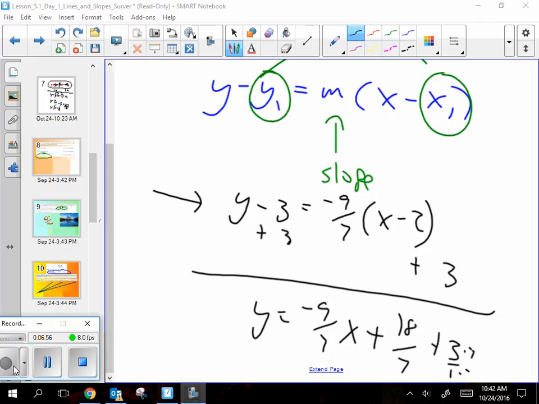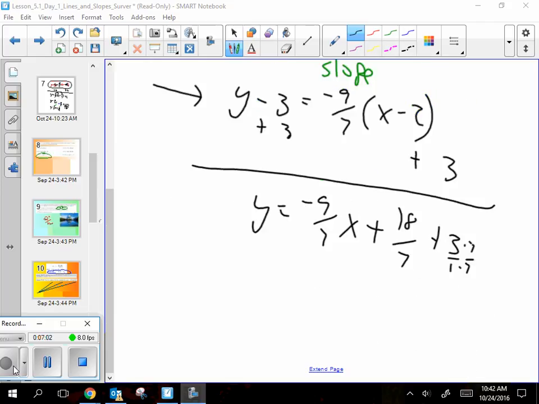So I'm timesing by 7/7. And that makes it 21 plus 18 makes 39/7. I think -9/7 x plus, is it 39/7? All right, awesome. And you could make that into 7 times 5 is 35. So it'd be 5 4/7.